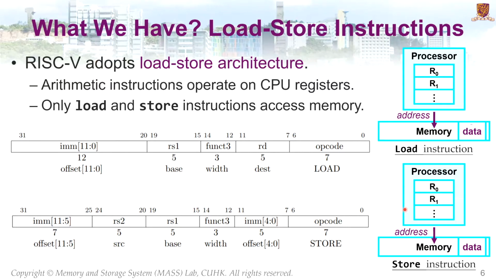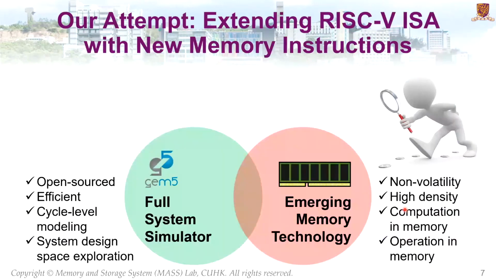So even though I'm showing you some very promising and interesting capabilities of this emerging memory, there is still a very huge gap between these emerging capabilities and the existing architecture design, which only has the load-store architecture. This big gap between the existing architecture or ISA and the memory capability struck us with a new idea.